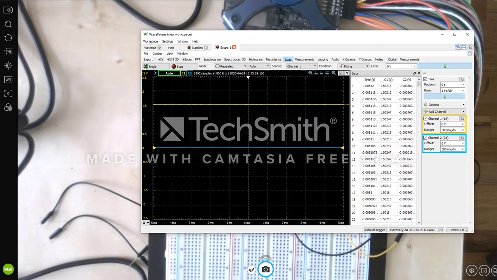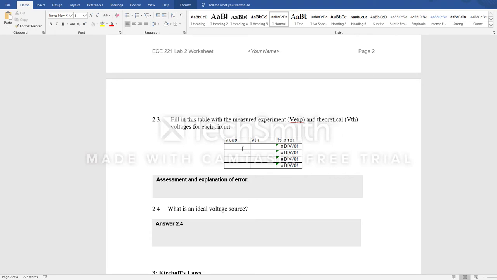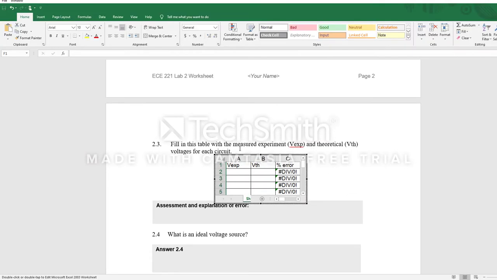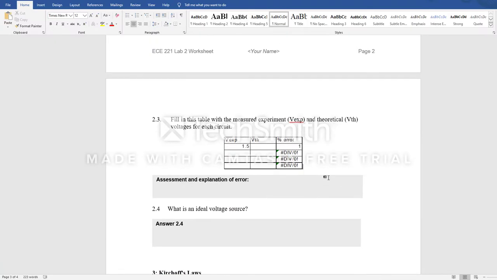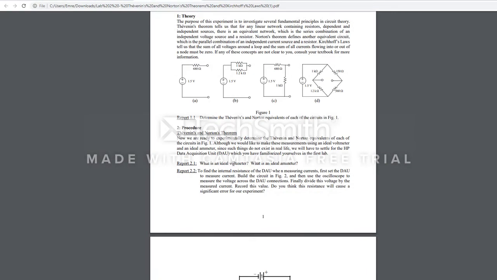So I guess it's safe to record the first experimental voltage as 1.5. Please remember that you are supposed to fill in the theoretical voltage column. All right, that's the first circuit.